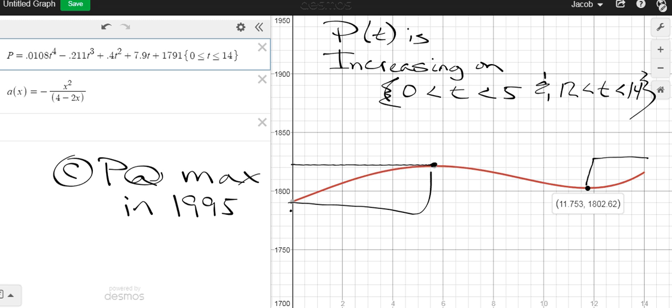So 1823. But that's not the population, right? It's thousands. So I have to add thousands on the end. So comma goes there, comma goes there. What's my population roughly in 1995? 1.8 million. People in West Virginia.